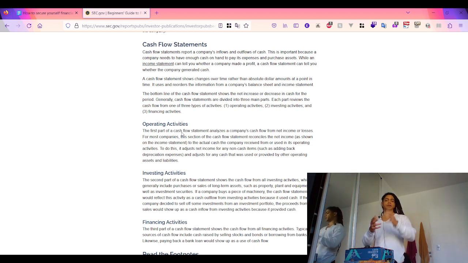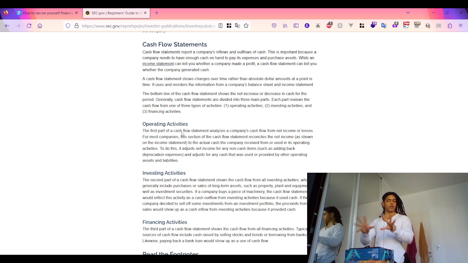It is important because the company needs to have cash on hand to pay its expenses or purchase assets, and it reuses some of the information from the balance sheet and income statements, and the bottom line of this statement shows the net increase or decrease of cash.